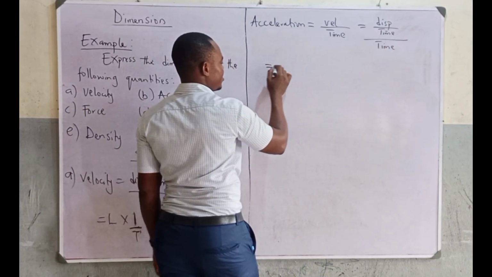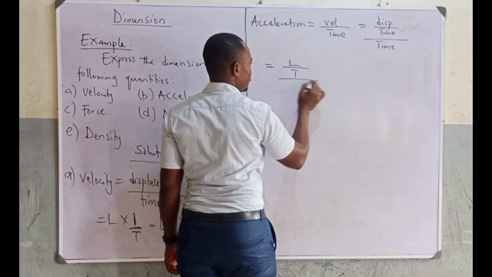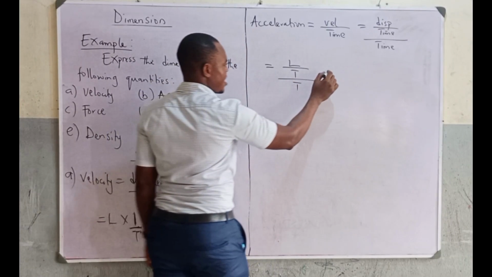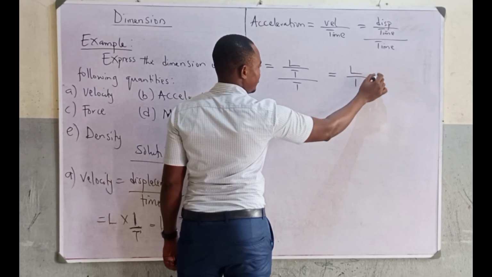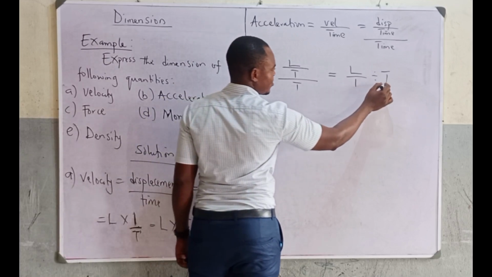Now displacement is L over T, all over T. From here we have L over T divided by T. That is divided by this. So from here, this is over 1.